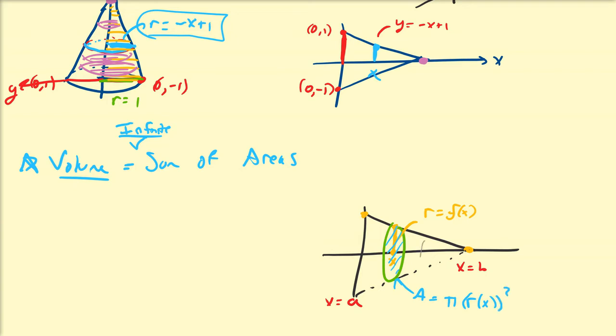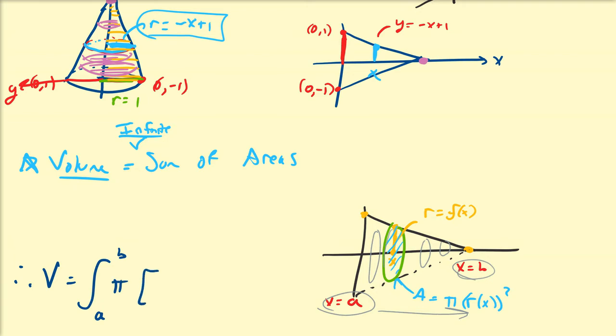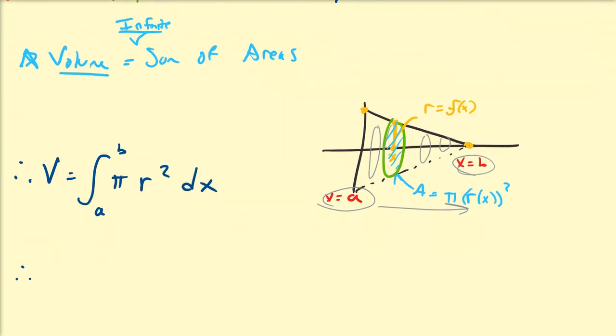We want to add up all of those areas from x equals a all the way up to x equals b. So the volume is equal to the integral from a to b of pi r squared with respect to x. And based on this picture, r is f of x.